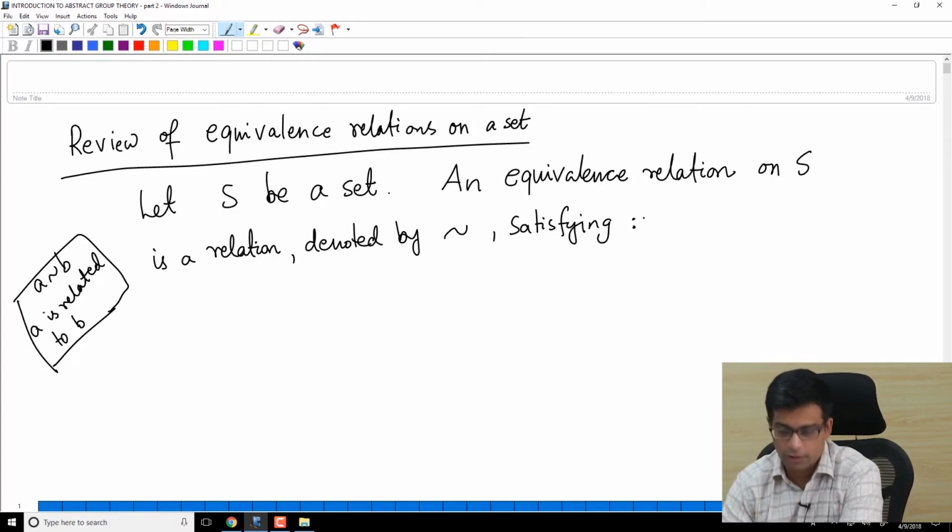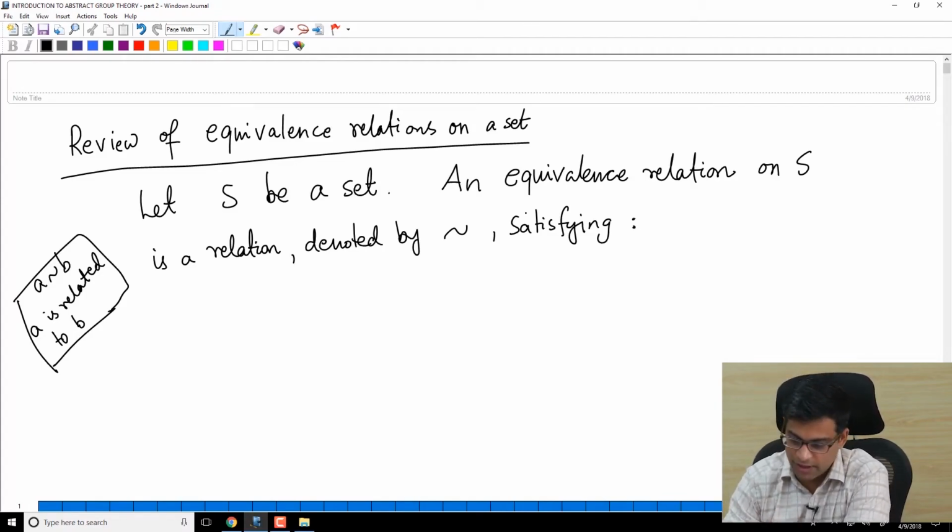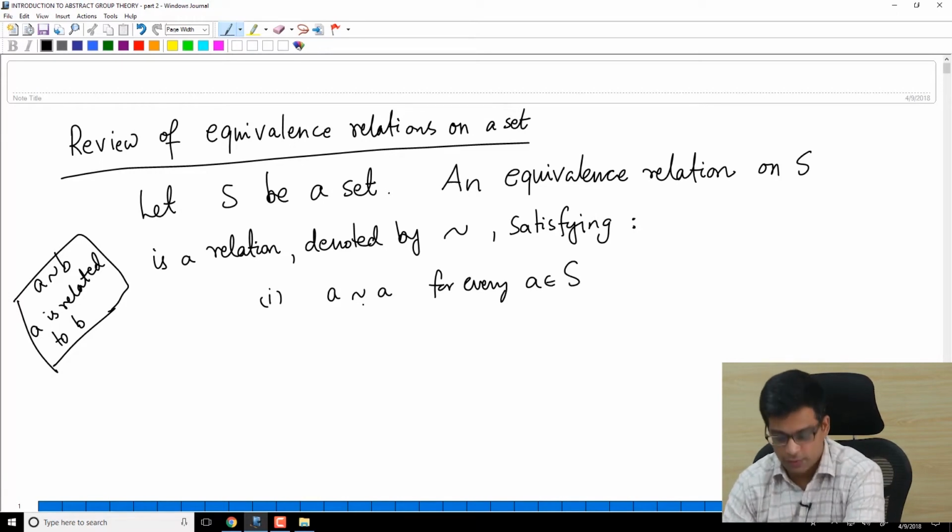So it's simply a relation, and when you see this, you think of a way of saying that two things are related, or it tells you, given two elements, whether they are related or not. But the relation must satisfy the following conditions. A must be related to A for every element of S. So an element must be related to itself.